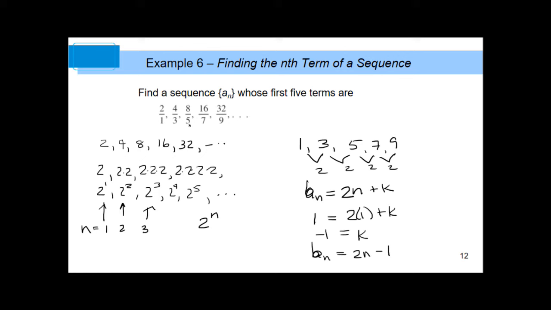This is just the sequence in the denominator down here. So what we need is our a sub nth term to have a numerator of 2 to the n and a denominator of 2n minus 1. And putting it in the little curvy brackets means we're describing the whole sequence and we're done.